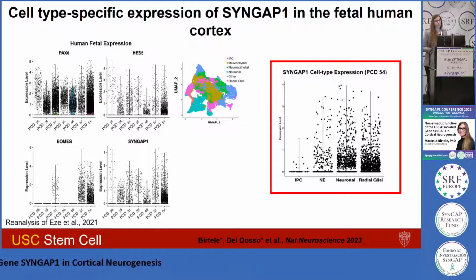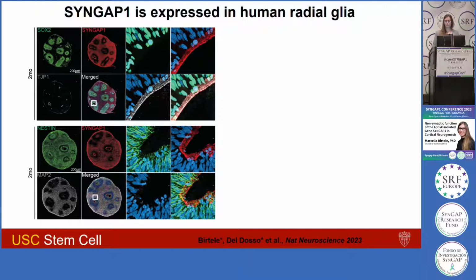But what was really surprising to us was when looking at the SYNGAP expression in the different cell types, we could, of course, see the SYNGAP expression in the neurons, but strikingly, SYNGAP was expressed in radial glia cells. So this was really surprising for us, and we wanted to confirm these results at the protein level.